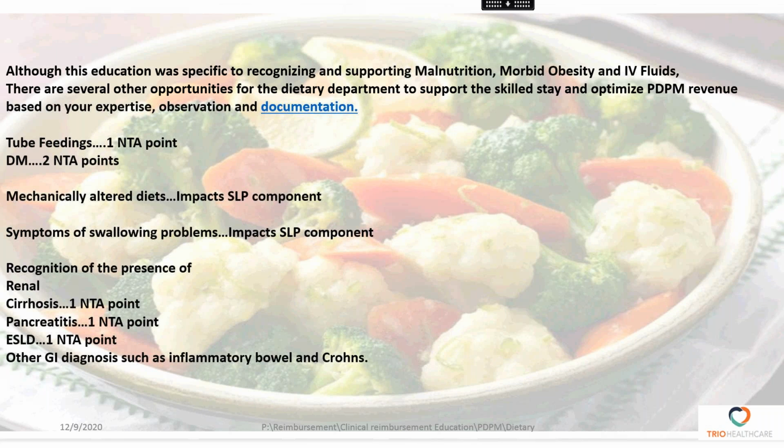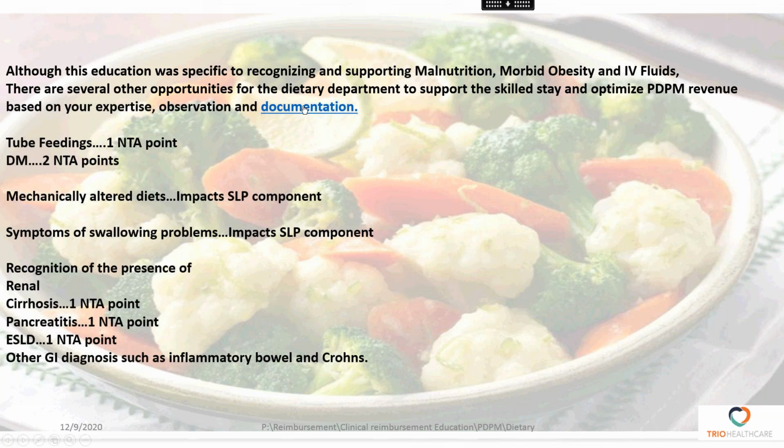Although this education was specific to recognizing and supporting malnutrition, morbid obesity, and IV fluids, there are several other opportunities for dietary departments to support a skilled stay and optimize the PDPM revenue based on your expertise, your observations, and of course, your documentation.